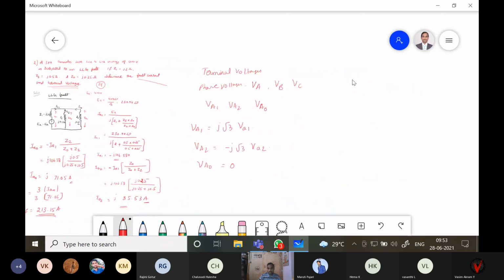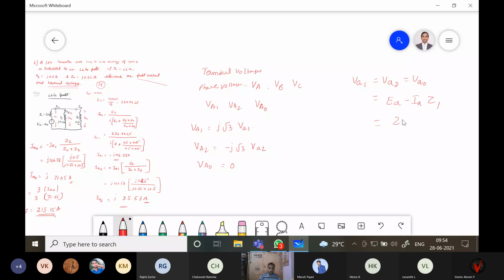In this case all are equal, va1, va2 and va0, because it is a parallel circuit and all the voltages are equal. So that will be given by EA minus IA into Z1.